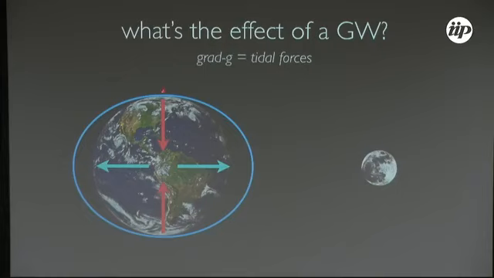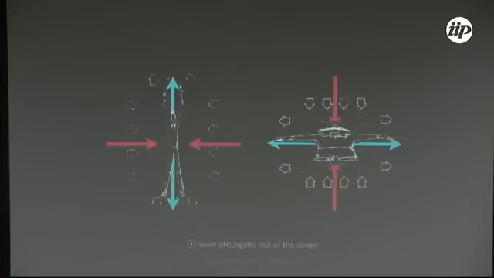Effectively it's like stretching the Earth along this axis and squeezing it in the perpendicular direction. This is the characteristic of a tidal field, the change in space of the gravitational field. This is really just what gravitational waves are. As a gravitational wave goes through, it's perturbing this tidal field, if you wish, in Newtonian language.